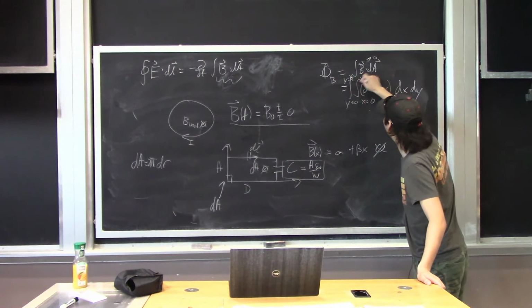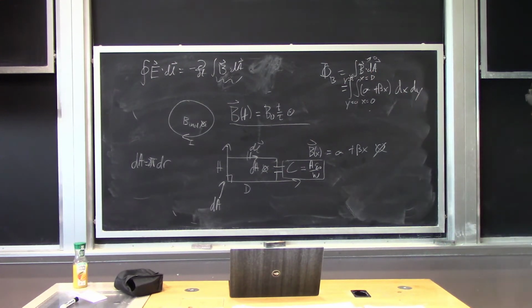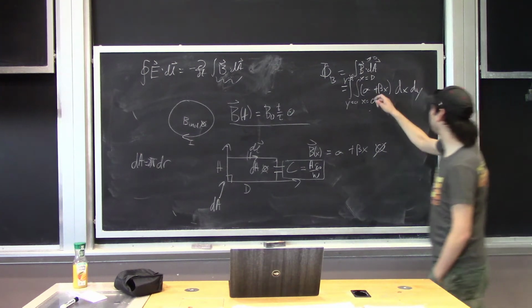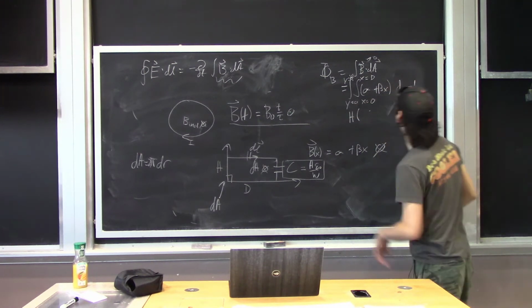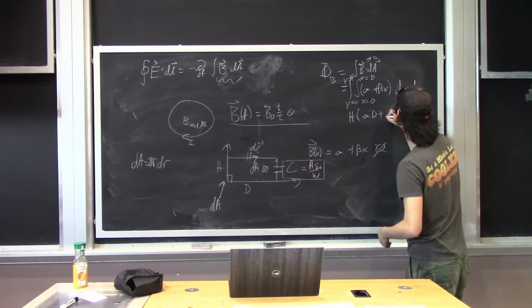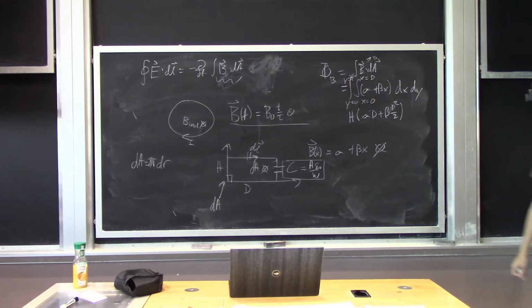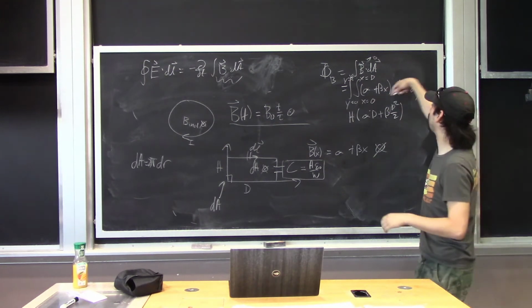X is equal to 0, x is equal to d. Good. Okay, so now we can do this integral here. We end up finding that we're just going to have a factor of h on the outside. This is going to be alpha times d plus beta d squared over 2. Okay, and that's it. And if you don't follow, it was just some calculus here.